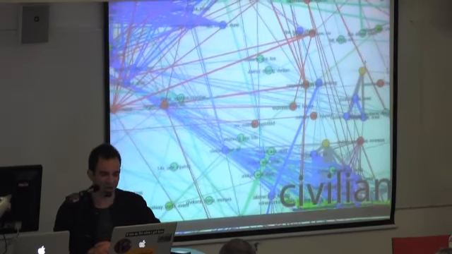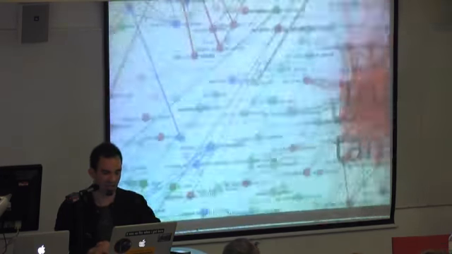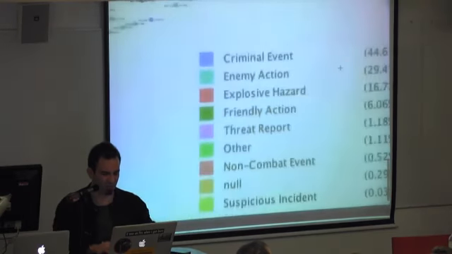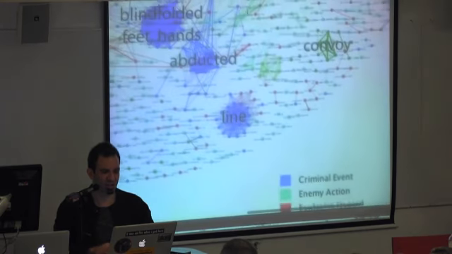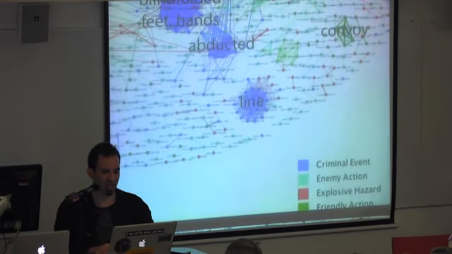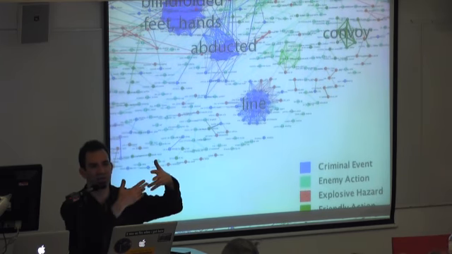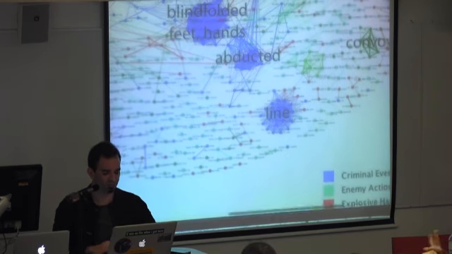So here, fell, killing, civ, which is civilian. And then the colors were assigned by the military. So we didn't have to assign the colors; they already existed. And what the computer has done is it's put edges between documents that have similar text, and it computes similarity by looking at distributions of words. Essentially, if 2 documents have a lot of words in common, then the computer considers them similar.